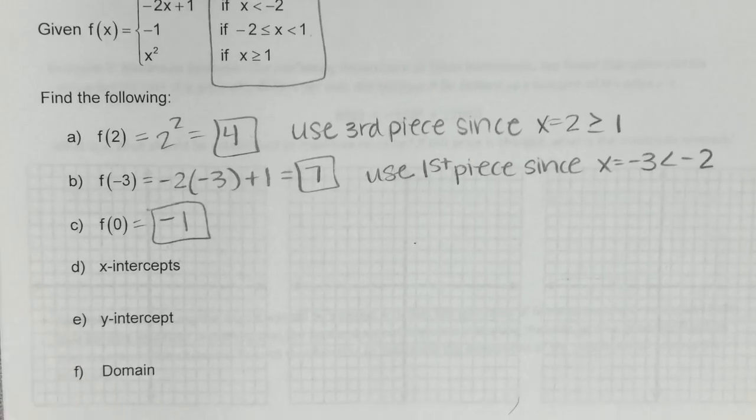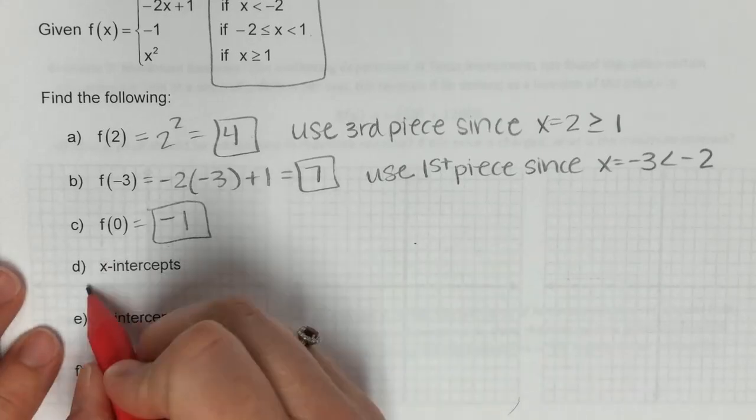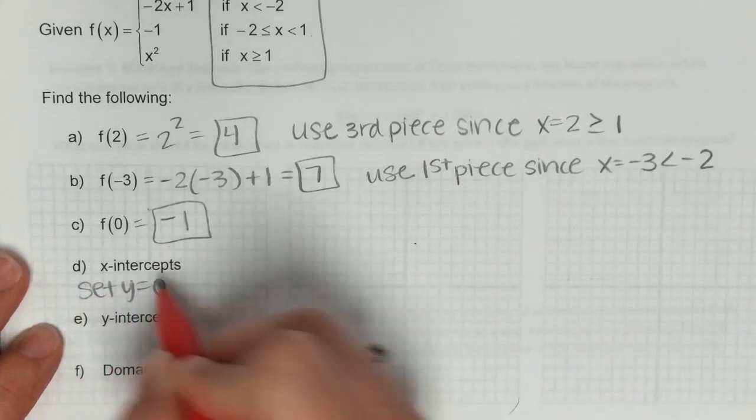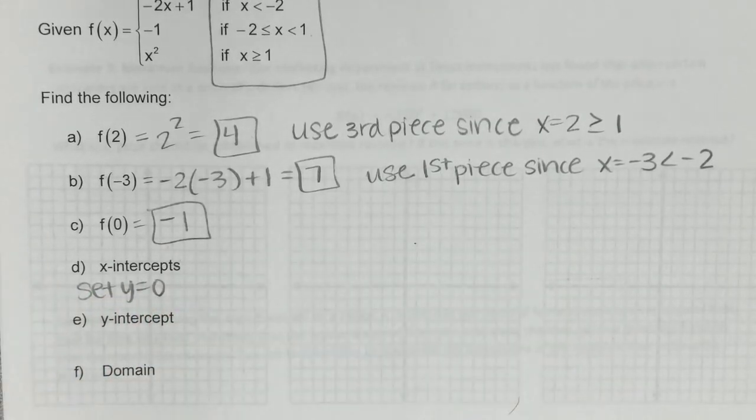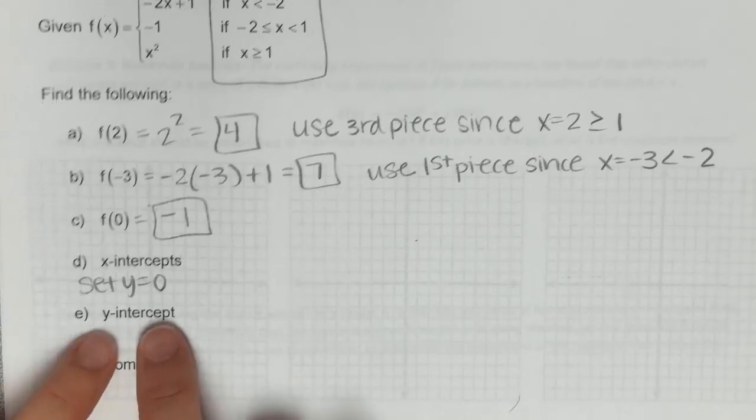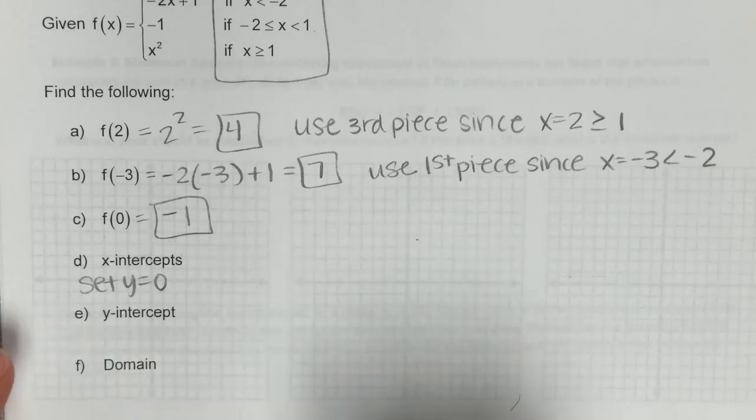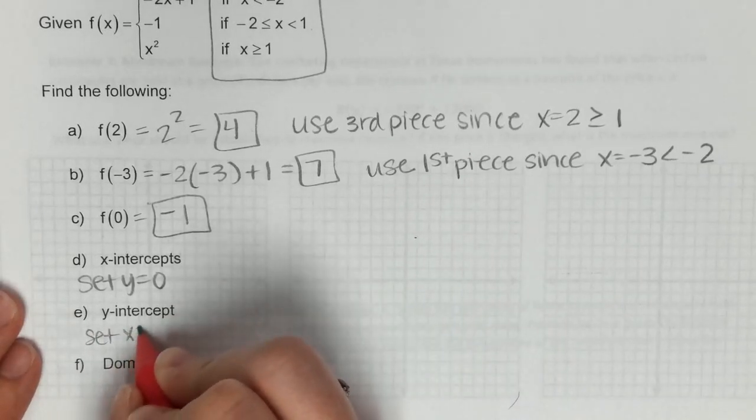Okay, next. How do you find x-intercepts algebraically? Just like in general, you set the y equal to 0. You set the whole function equal to 0 and solve for x. While we're discussing this, how do you find y-intercepts algebraically? You set x equal to 0.